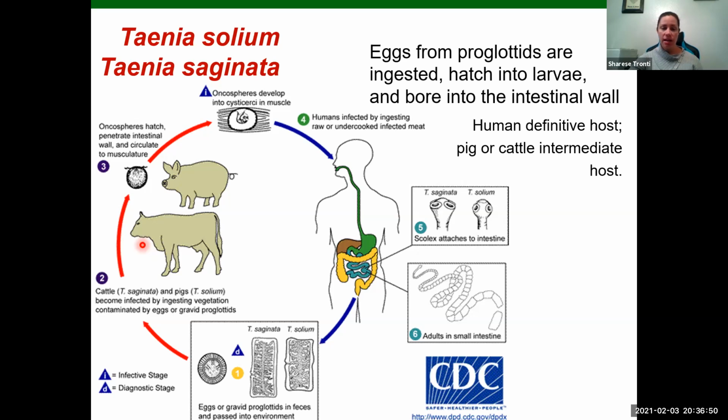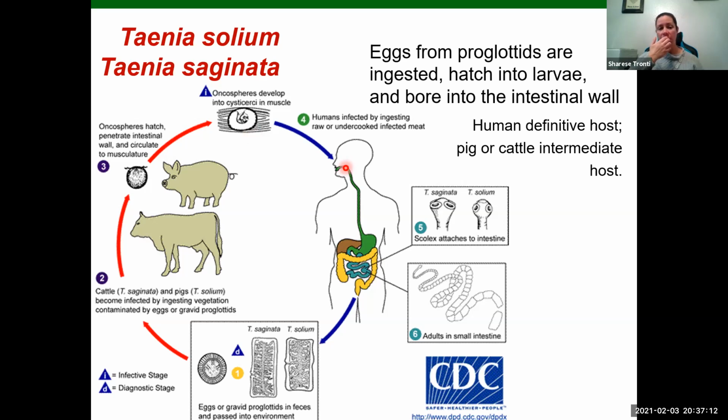Then that egg is going to hatch and turn into a larva. The larva is going to bore into the intestinal wall and move into the muscle tissue. Once in the muscle tissue, it will form a cyst. Then that cyst in the muscle tissue is ingested by the human.